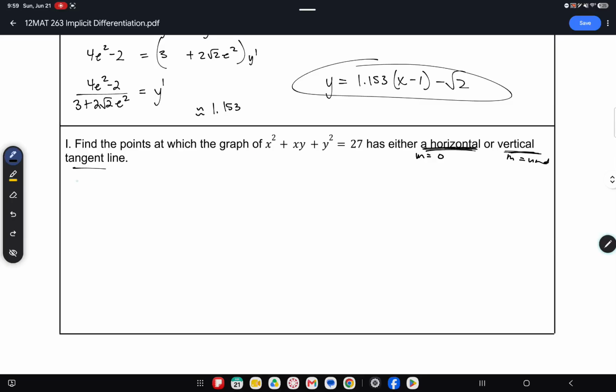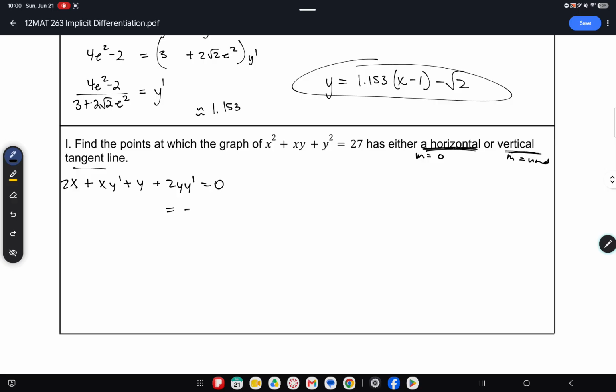So we find the derivative. That's going to be 2x plus product rule, left d right plus right d left, plus 2y y' is 0. Let's isolate y'.